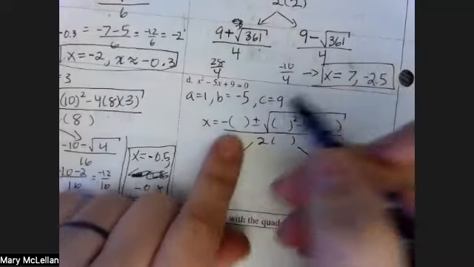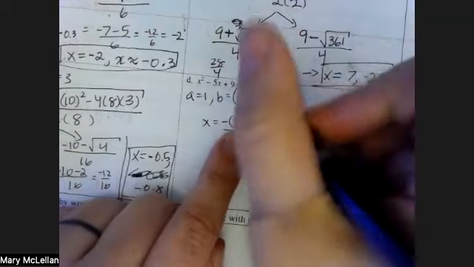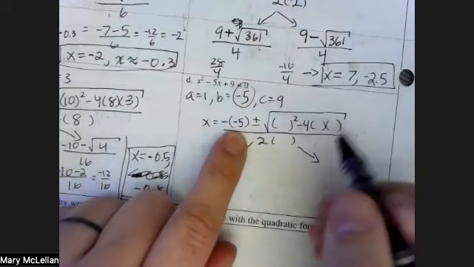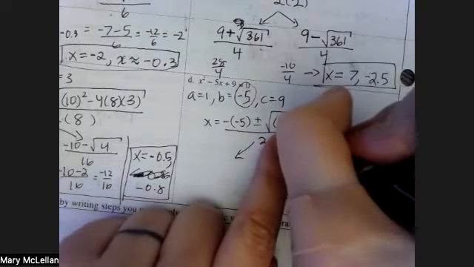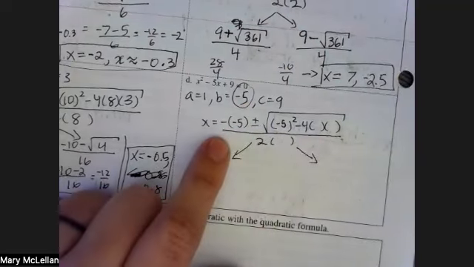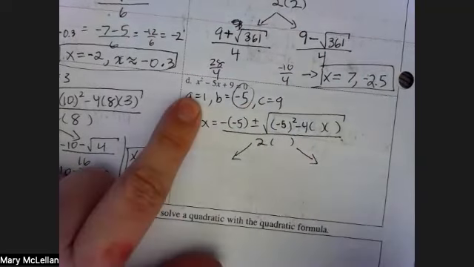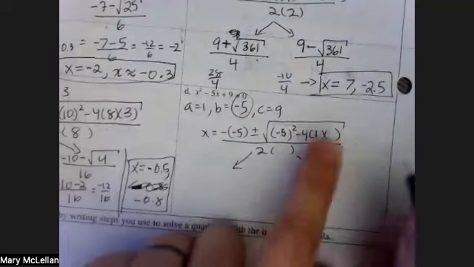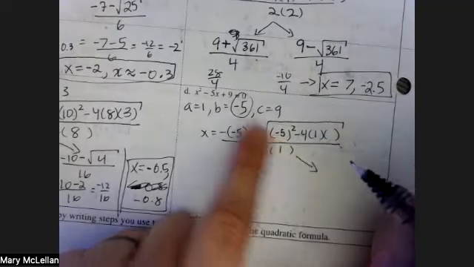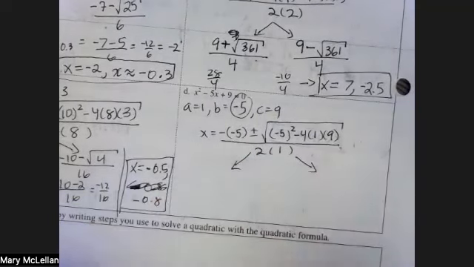Okay. Negative, then b goes here, negative 5. B squared, then negative 5 goes here. A, 4ac all over 2a, and c is, okay.